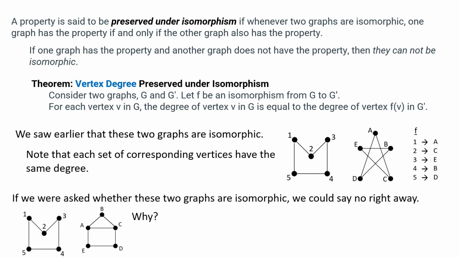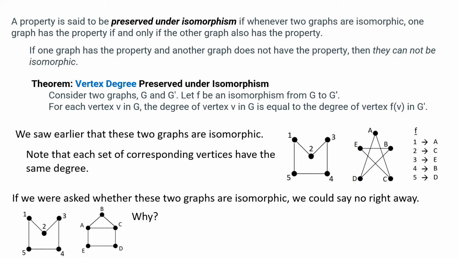Now, if I were asked whether these two graphs are isomorphic, as I said originally with the definition, you might think the only way to say no is to try all of the possibilities to see if any correspondence would give us what we're looking for as far as corresponding edges go.